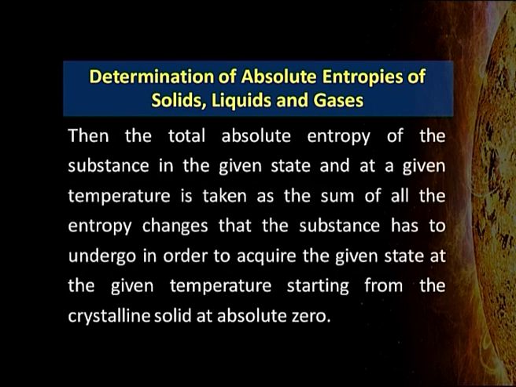Then the total absolute entropy of the substance in the given state and at a given temperature is taken as the sum of all the entropy changes that the substance has to undergo in order to acquire the given state at the given temperature, starting from the crystalline solid at absolute 0.